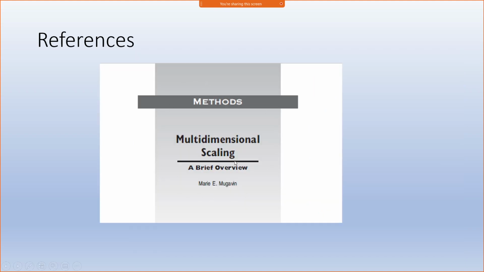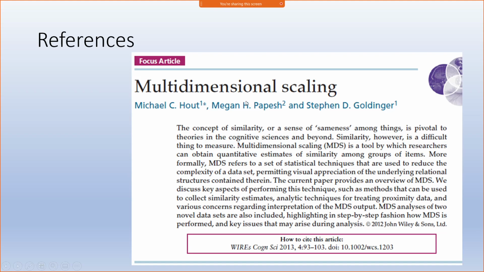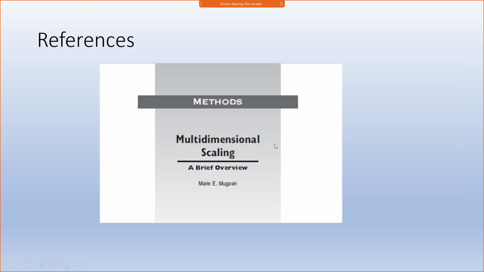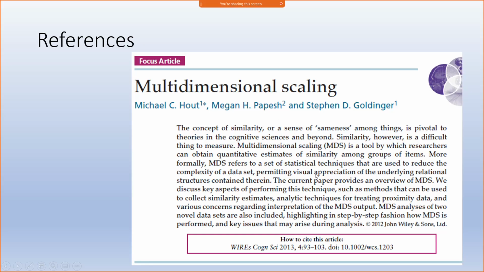This one is much easier to read, shorter, and this one is longer and more difficult to read. But I hope you read these two papers. Read this one first, and then after that read this one.